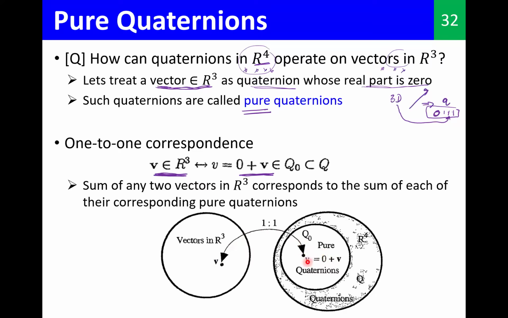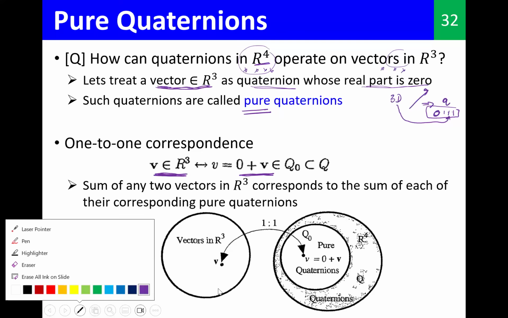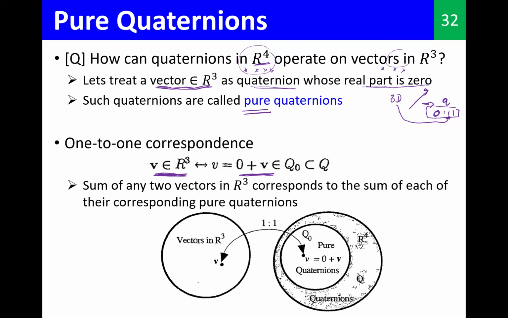So it actually has a one-to-one correspondence, meaning that, let's say I have another vector W. That W will also have another pure quaternion here, with a 0.